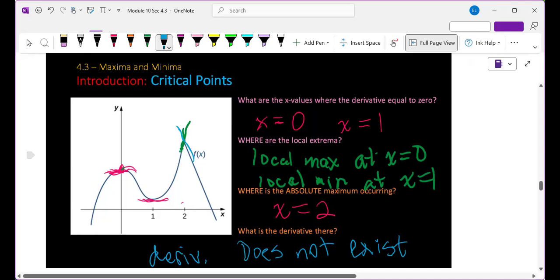The function still has a point there. It still has an absolute max it's hitting there. But if I was just using my calculus knowledge, taking the derivative, setting it equal to 0, I would miss that point because the derivative at that point is not 0. So when I look at the graph, I'm kind of thinking, I'm going up, I'm going up, I'm going up.